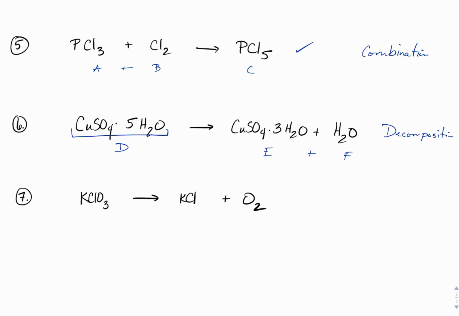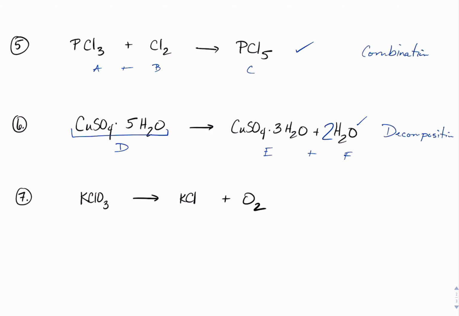And we have one copper sulfate, copper 2 sulfate on the left, and one copper 2 sulfate on the right, with each of those have 5 and 3 waters. So that means over here we'd have to have 2 waters on the right hand side to balance that out for each element. Okay, so that's now balanced.